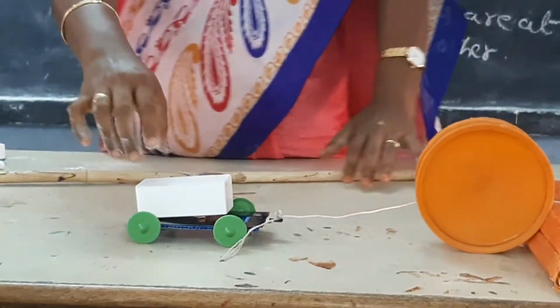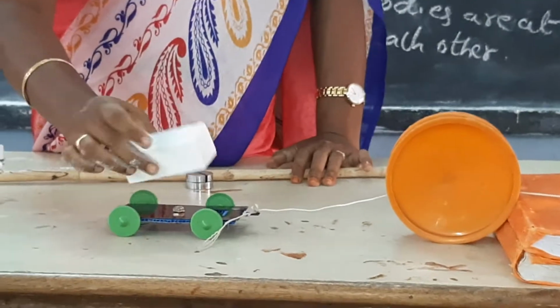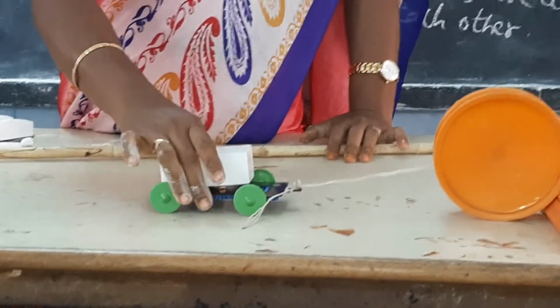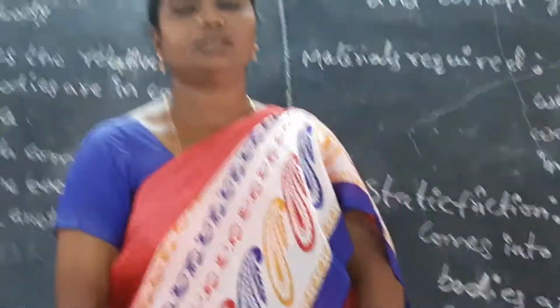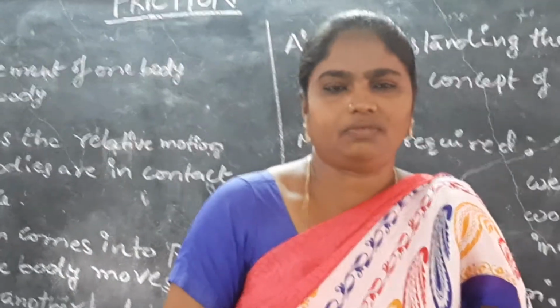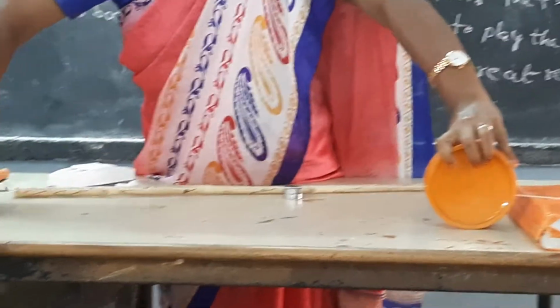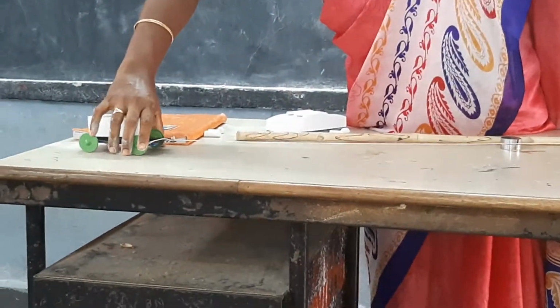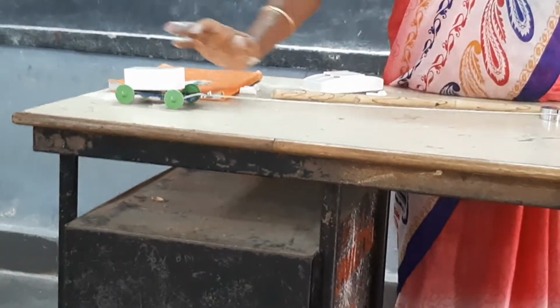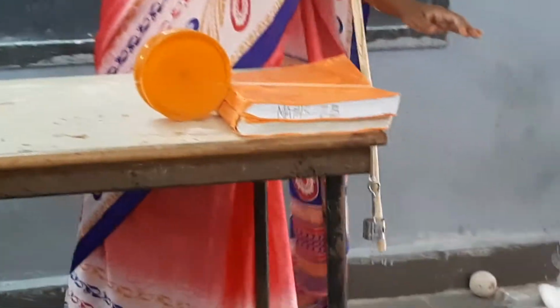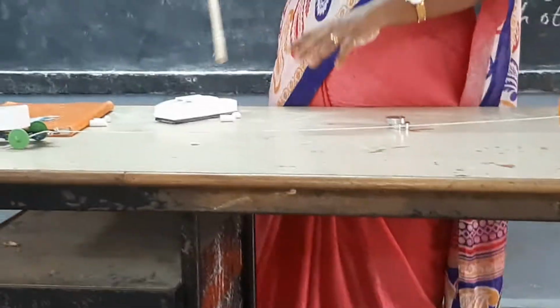The static friction exists between the wooden block and the trolley. This is the concept of static friction. We take a small toy trolley, wooden block, pulley and weight hanger.